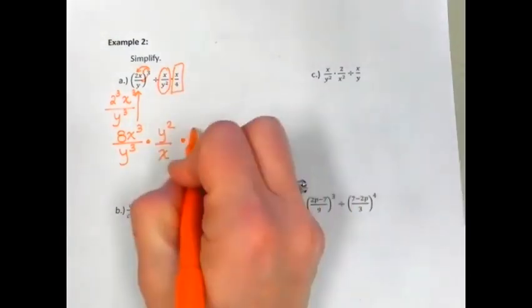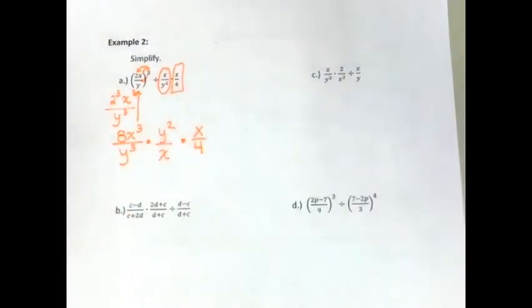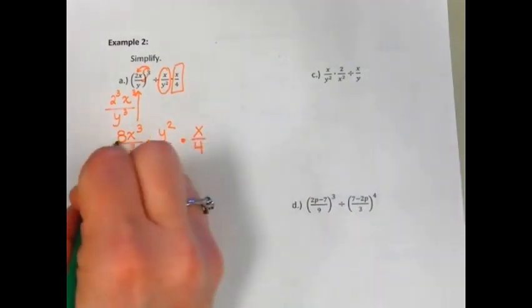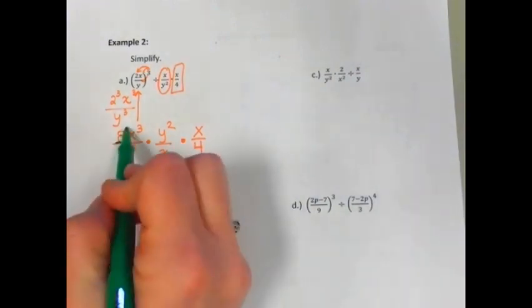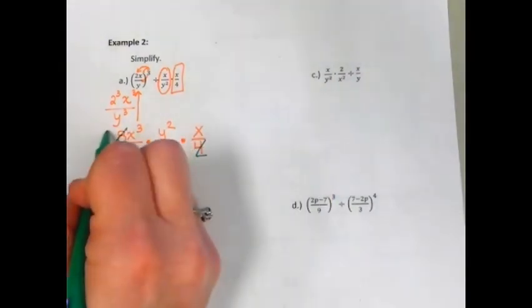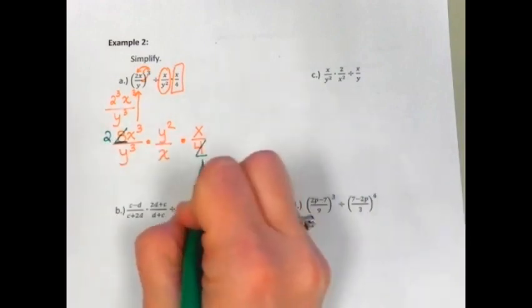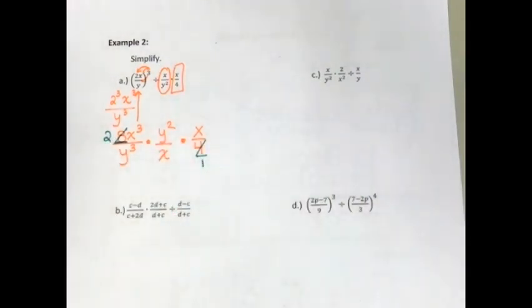No, that stays the same. Okay. So now, since this is all multiplication, guys, we can simplify anything, and it doesn't matter where, as long as it's in the top and the bottom. So let's look at this 8. Can this 8 be simplified with anything? Yeah, with what? The 4. And what does 8 over 4 simplify to? 2 over 1. What else do you notice?